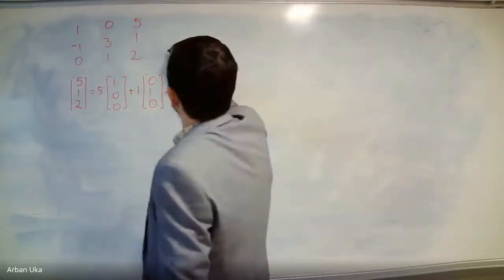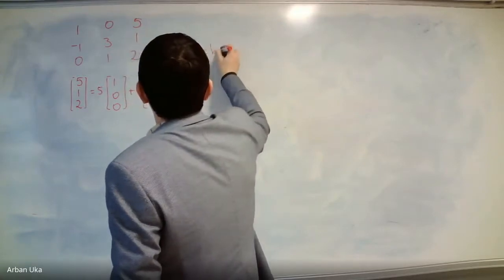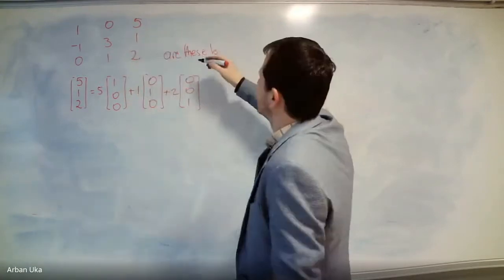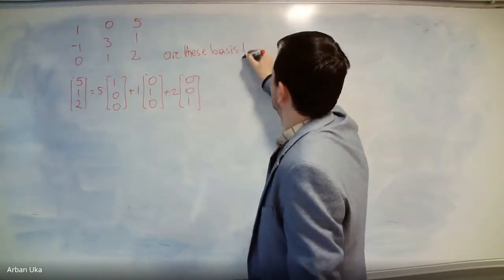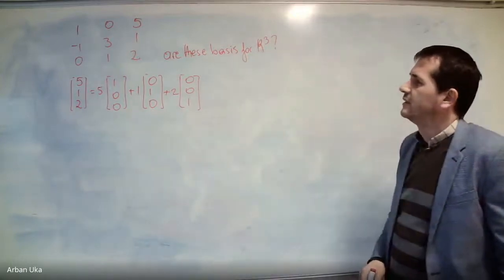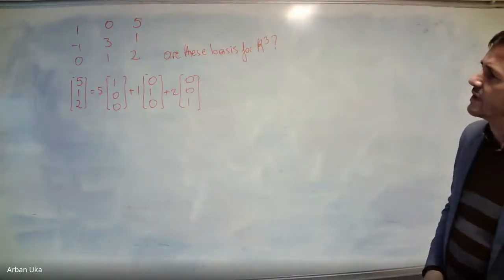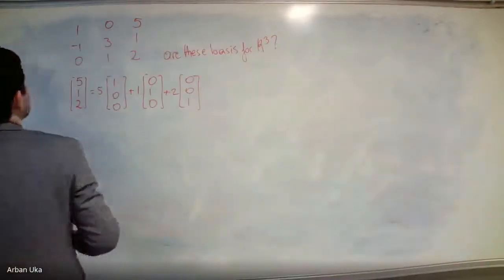Can these three vectors serve as a basis for our cube? What can we do here? We can try to determine the determinant, right? This would be a relatively easy path.